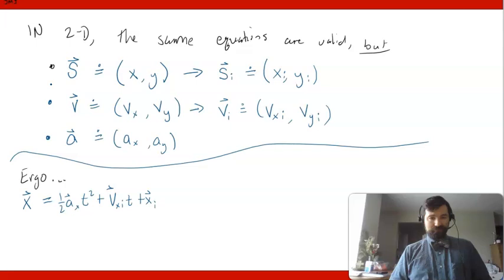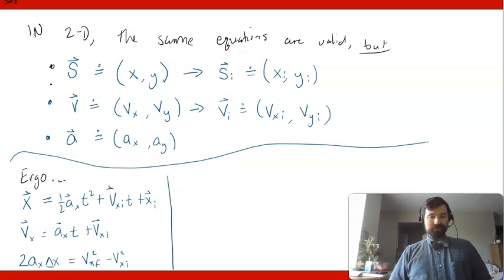And for the velocity along the x direction, I would have the acceleration x times time plus the initial velocity of x, and 2 times ax delta x would represent vx final squared minus vx initial squared.